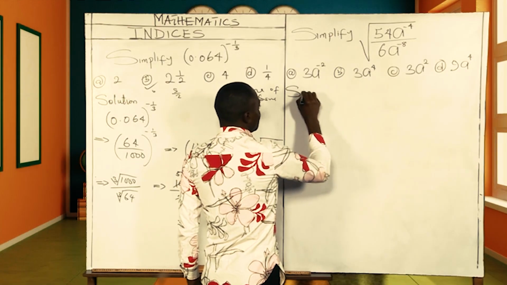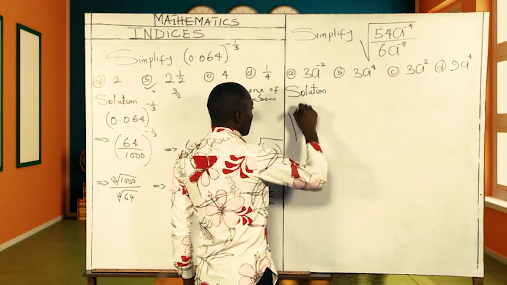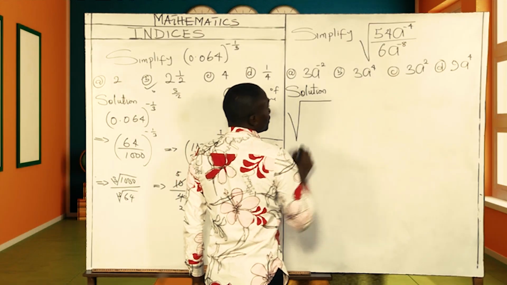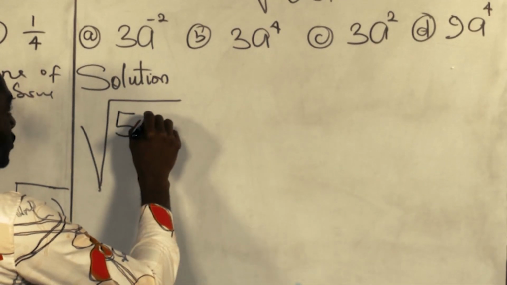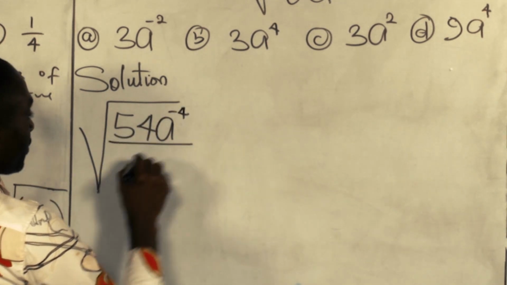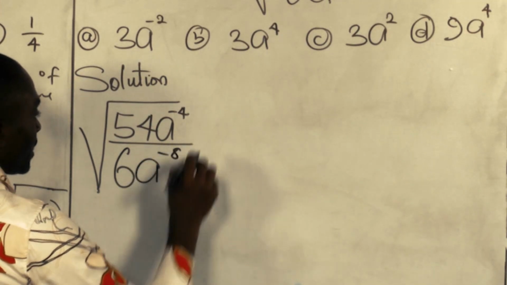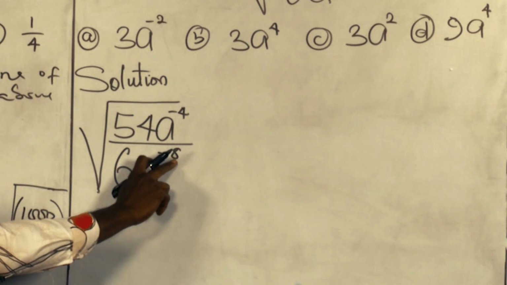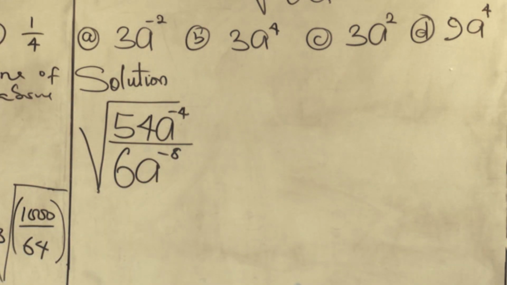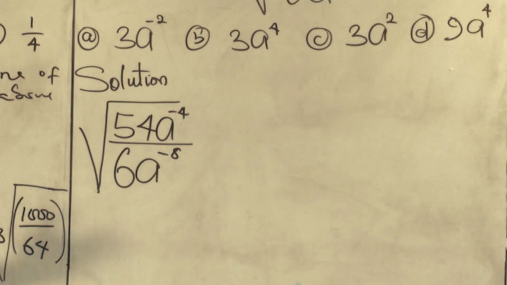Solution. We have the square root of 54a raised to power minus 4, everything over 6a raised to power minus 8. Now, this is 54. This 54 cannot be expressed in index form. 6 cannot be expressed in index form.